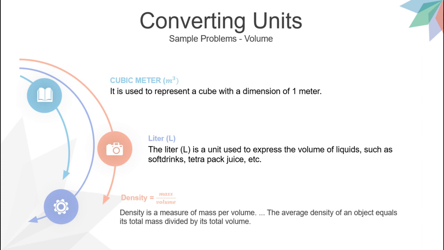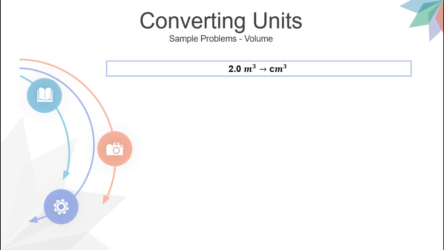So, how are we going to convert units of volume? Example: 2.0 meter cubed, or cubic meter, to cubic centimeter.